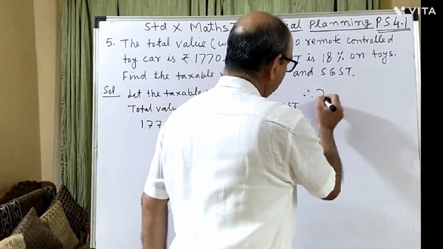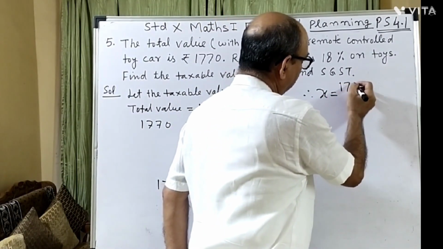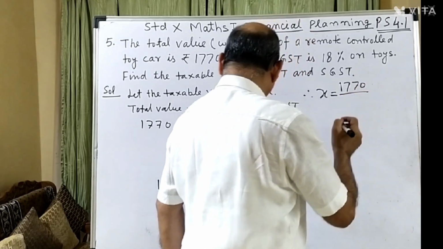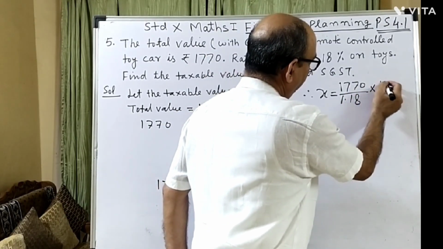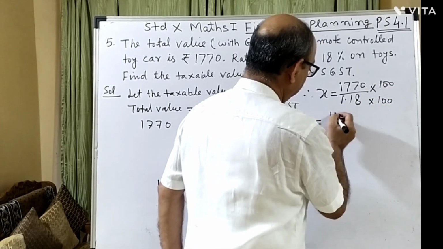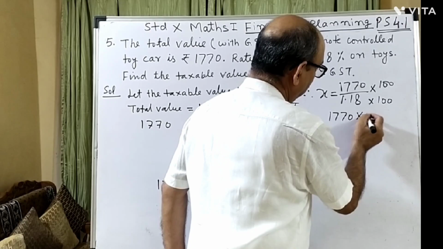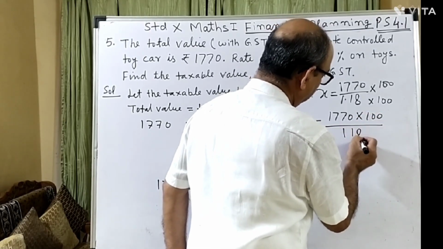Therefore, X is equal to 1770 divided by 1.18. Multiply it by 100, we will get 1770 into 100 divided by 118.